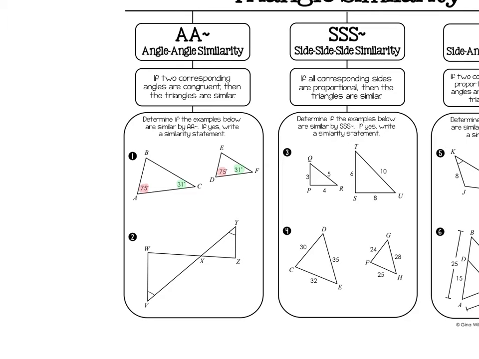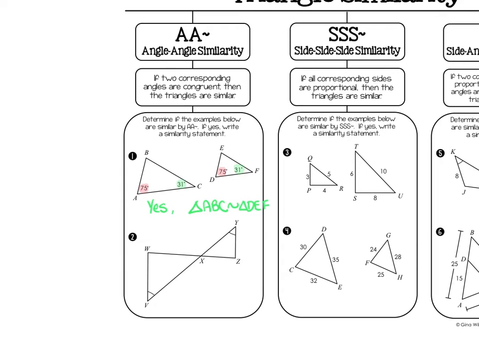But that only makes sense, right? So if we do have 2 angles congruent in each triangle, therefore we know the figures are similar. So we'll say yes. And for our similarity statement, we will say triangle ABC is similar to triangle DEF.